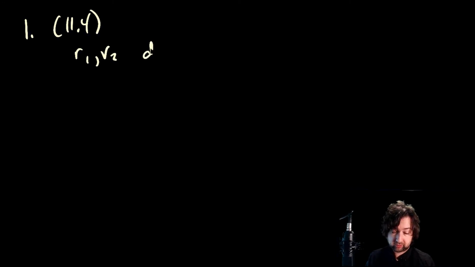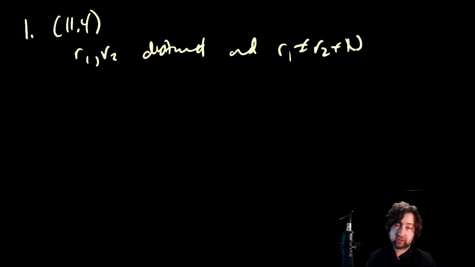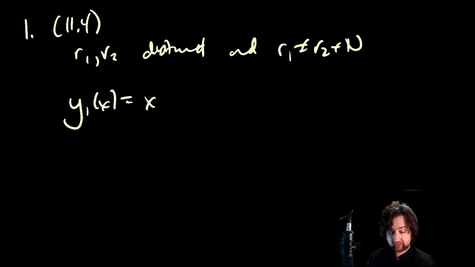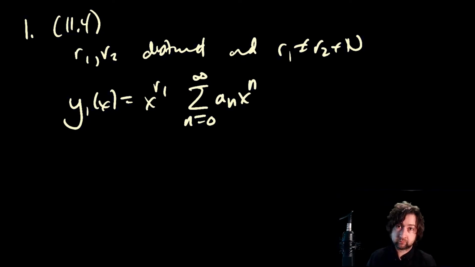So in case 1, what we showed in 11.4 was that if R1 and R2 are distinct and R1 is not equal to R2 plus n, then the form of the solutions is y1 of x is x to the R1 times the sum from n equals 0 to infinity of an x to the n.